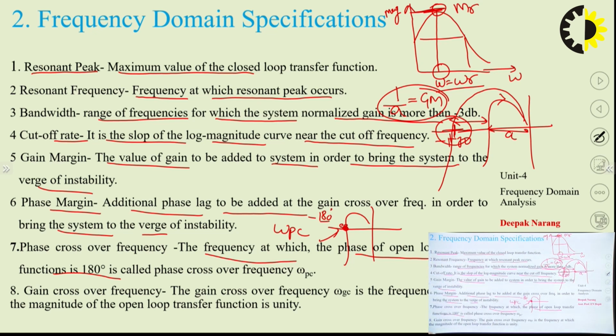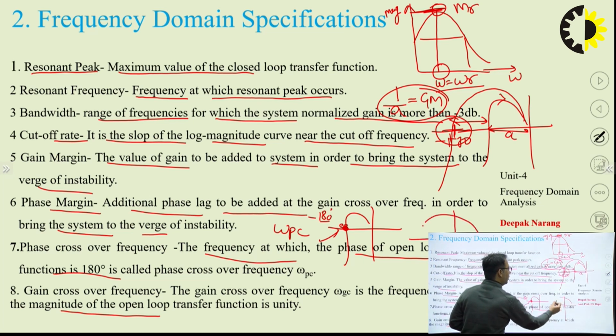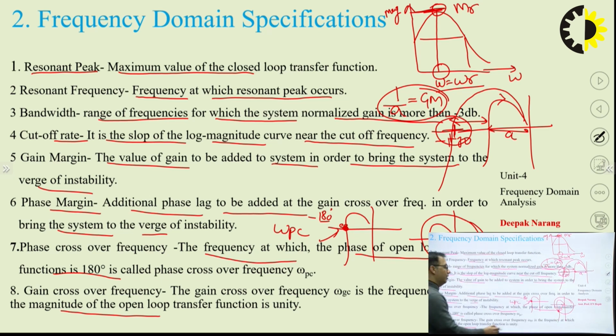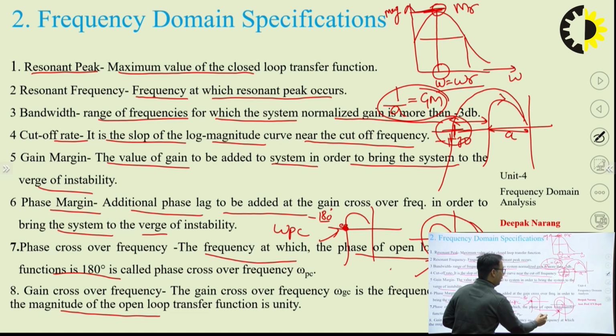And the gain crossover frequency is the frequency at which the magnitude of the open loop transfer function is unity. If this is the unit circle and the response is cutting at this frequency, here the magnitude is 1. So this frequency is termed as gain crossover frequency.